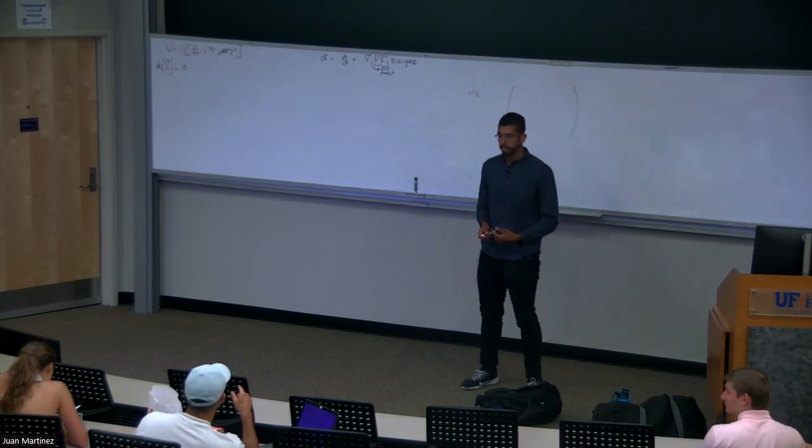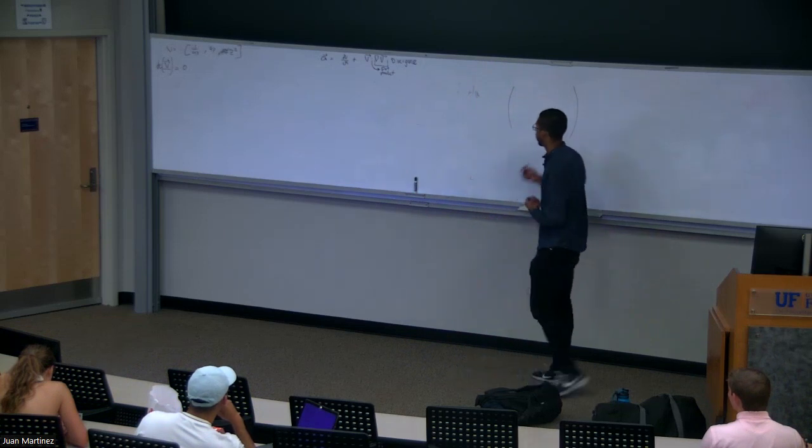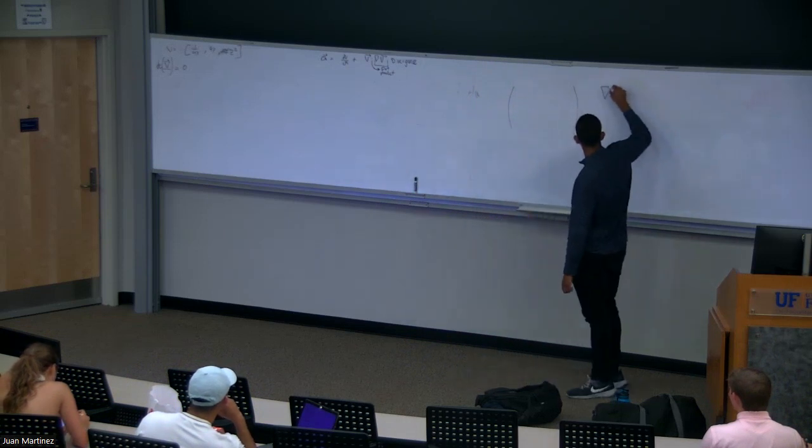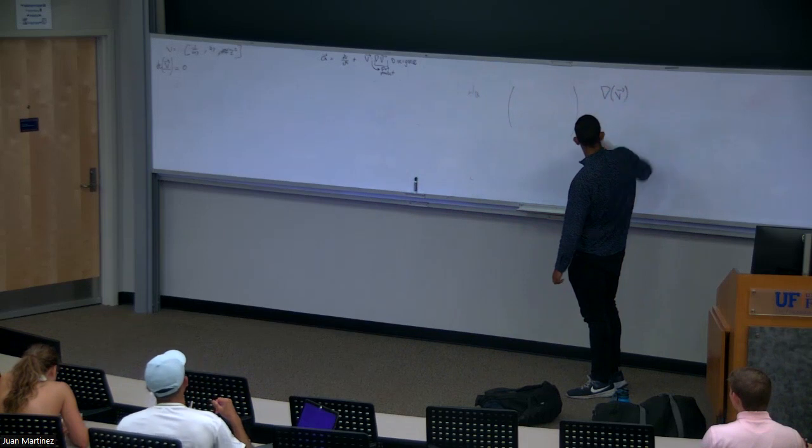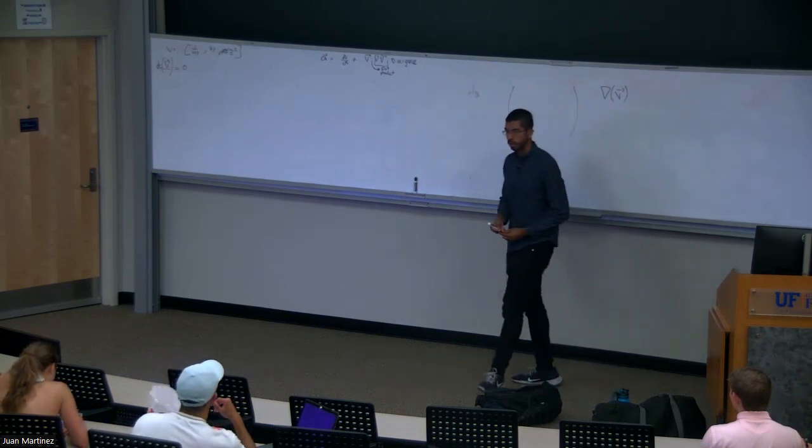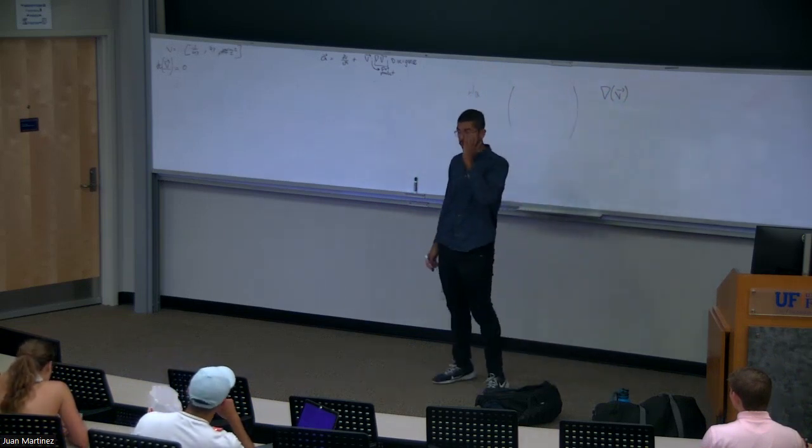How do you define the gradient? I think a way to define it is like this. You can look that up on your own because there are different ways of defining the gradient.